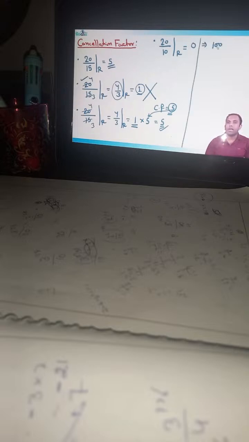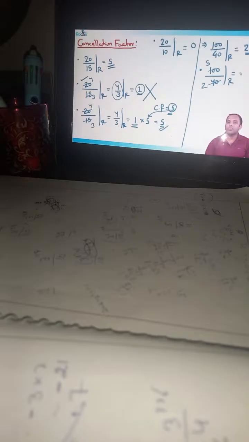For example, 100 by 40. What is the remainder here? 40 2s are 80, remainder is 20. Correct? If I try to cancel it, 100 by 40 remainder, I can just cancel it, no issue. 2 20s are 40 and 5 20s are 100. So if we cancel 20, just remember that our cancellation factor is 20.